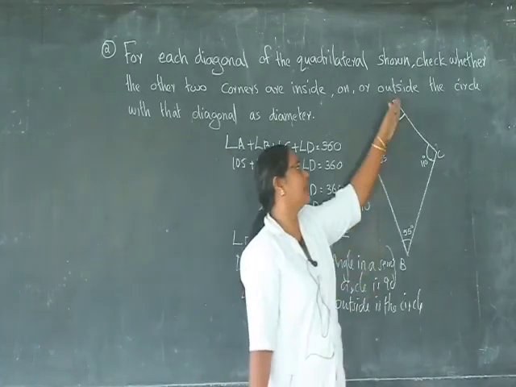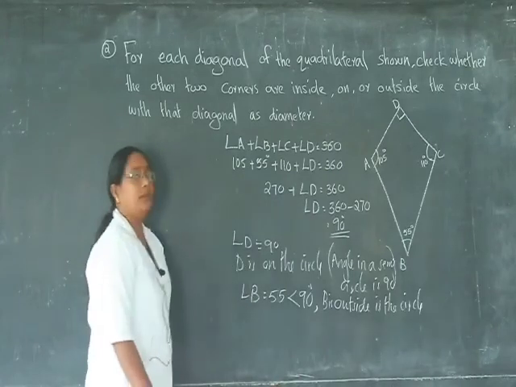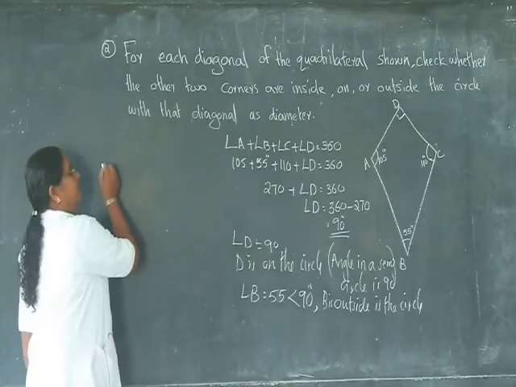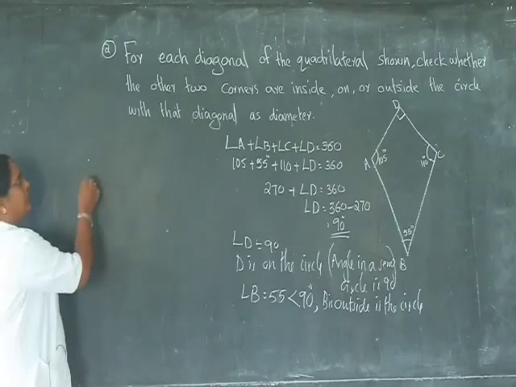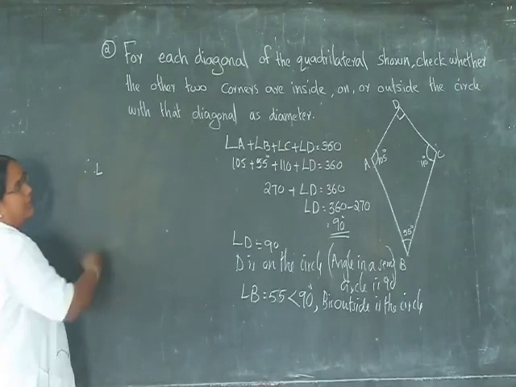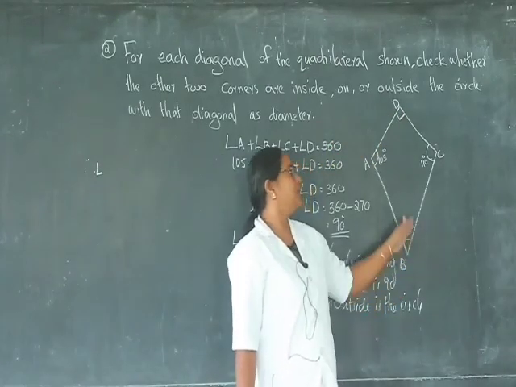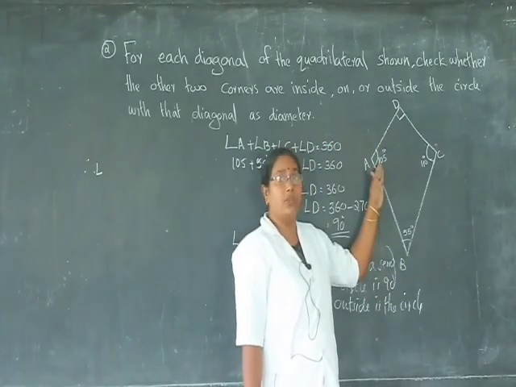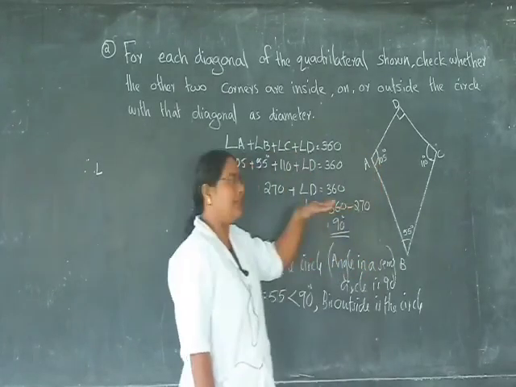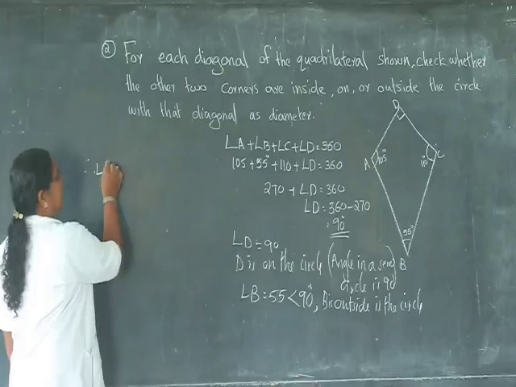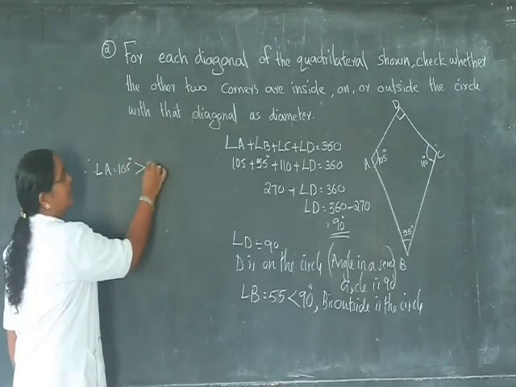Then again, the second diagonal. What is the second diagonal? BD. BD as a diameter. Now we want to check with BD. Draw a circle with BD as a diameter. Look, angle A is 105, which is more than 90.